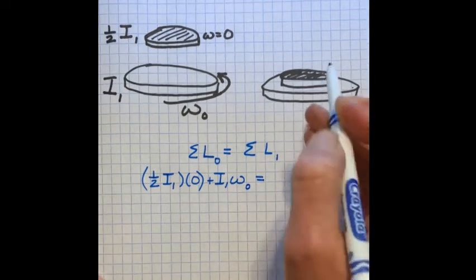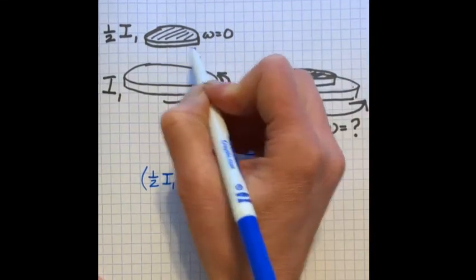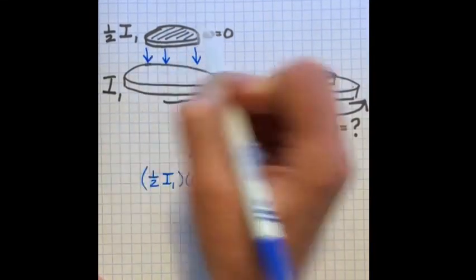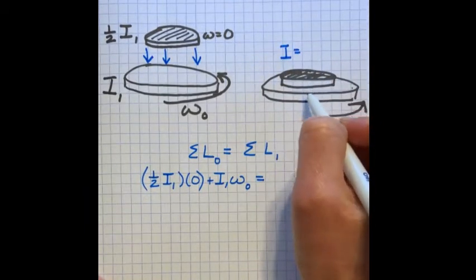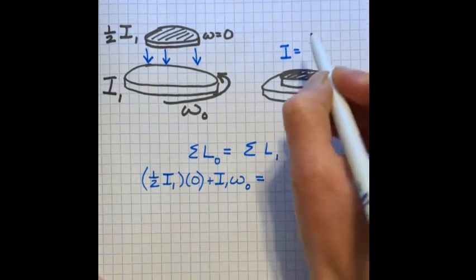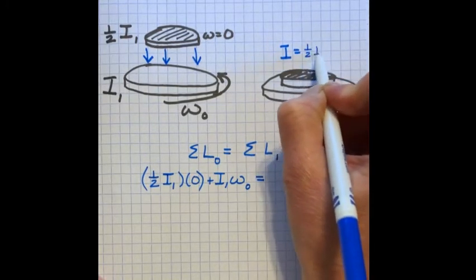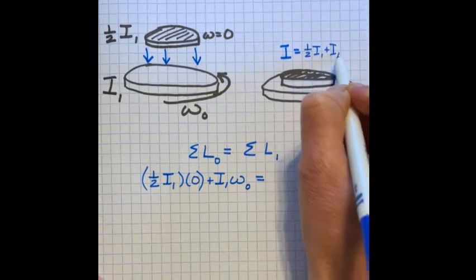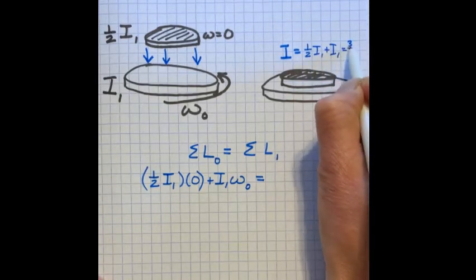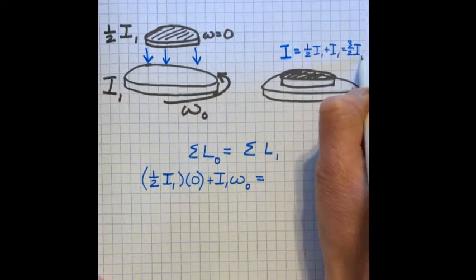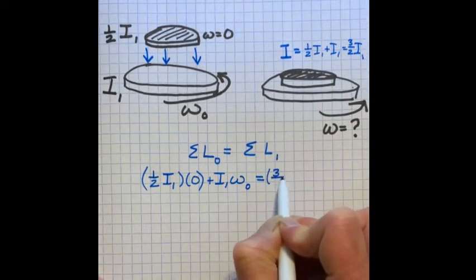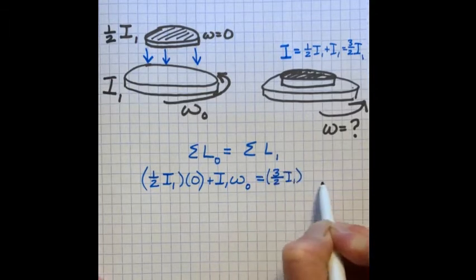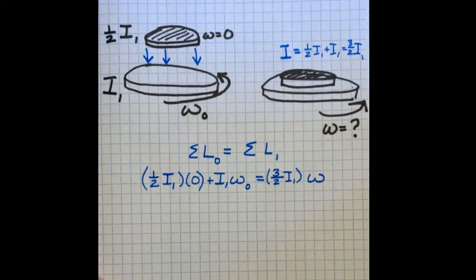On the right-hand side, once this plate falls down and lands on the turntable, the rotational inertia on this side can be found by just adding these two rotational inertias together. So we have 1/2 I1 plus I1, which is equal to 3/2 I1. So I'll write that over here. Our rotational inertia is 3/2 I1, and here's our angular velocity that we are trying to solve for.